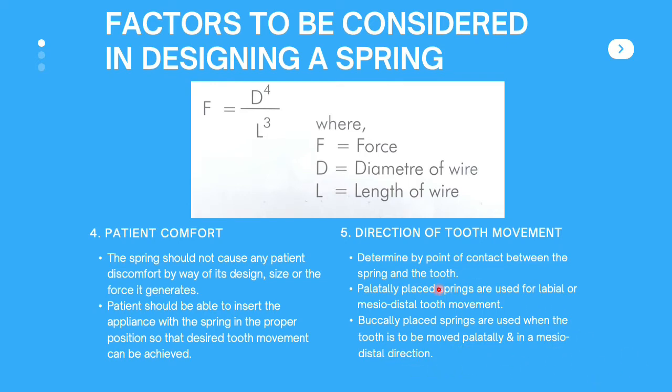So in order to understand this, you need to understand that the spring will deliver a pushing movement. If you want to push the teeth labially, place the wire at the palatal. If you want to move the teeth palatally, then place the wire buccally. Remember, pushing movement.